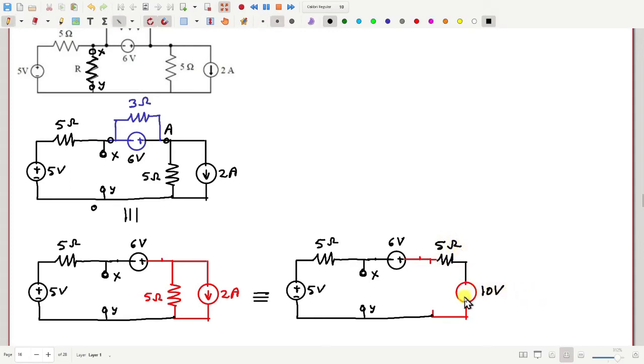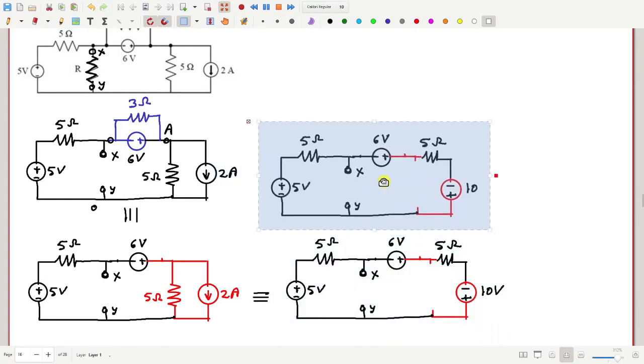Which side plus, which side minus? Lower side plus, upper side minus. Okay. So now I think it is easy to simplify it further. So now, this is another copy.